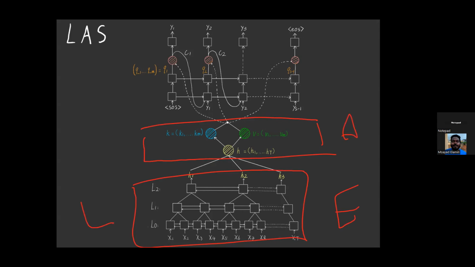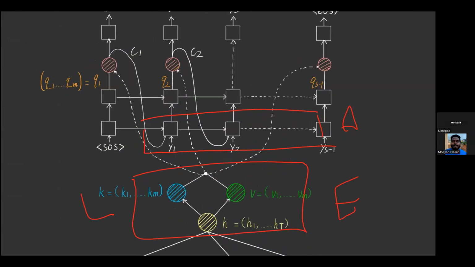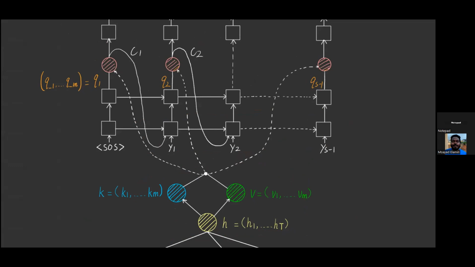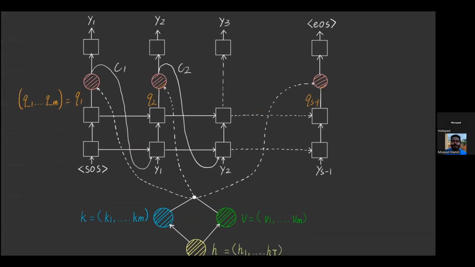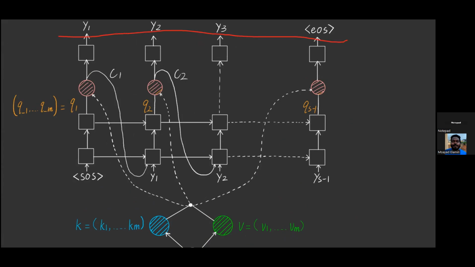If you want to talk about the S part, the speller, we can't use the same ideas that we used in HW4 part 2, where we just use normal LSTM layers. The issue is that we don't know what the output length is, so we don't know how long this Y vector is going to be.